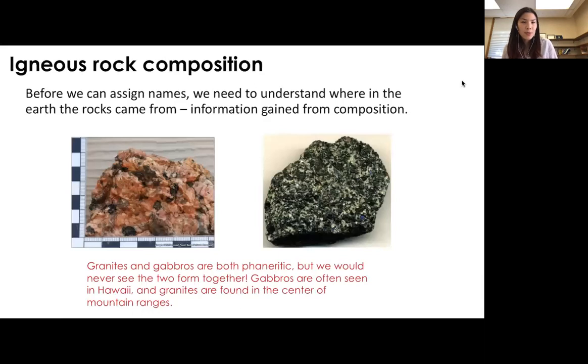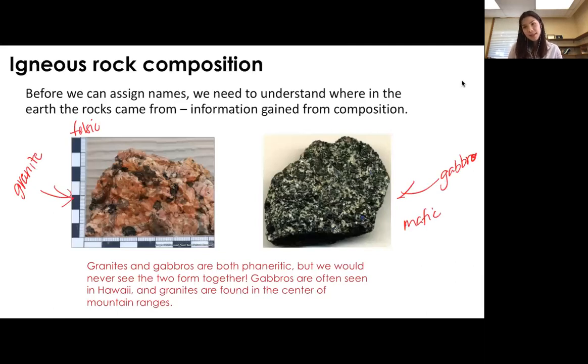So for example, the granites and gabbros shown here, granite on the left and gabbro on the right. These are both phaneritic textures, but we would never expect them to form together because their compositions are so different. So one of these is mafic and one is felsic.